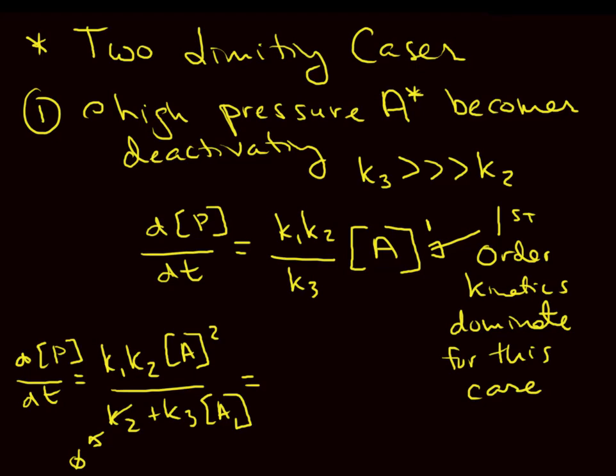But if we get rid of that, we'll then have k1, k2, A squared over k3. We can then simplify, get rid of one of our units of A, and we would then yield k sub 1, k sub 2, the concentration of A over k3, and you'll notice that it agrees well with what we have at the top.